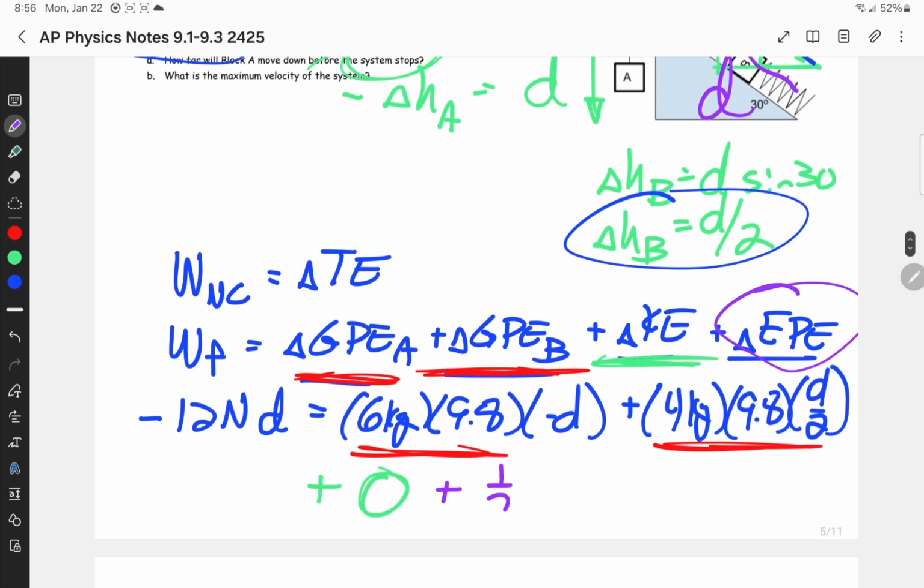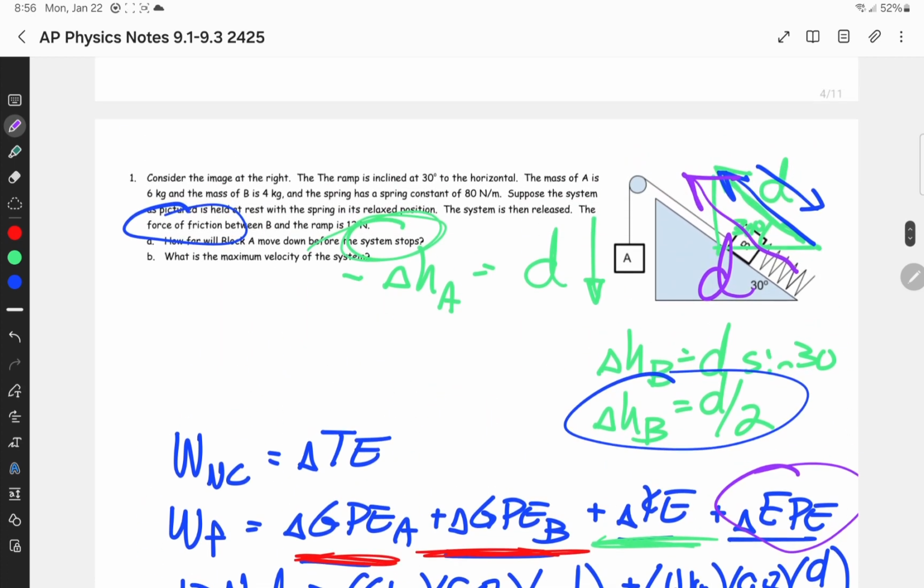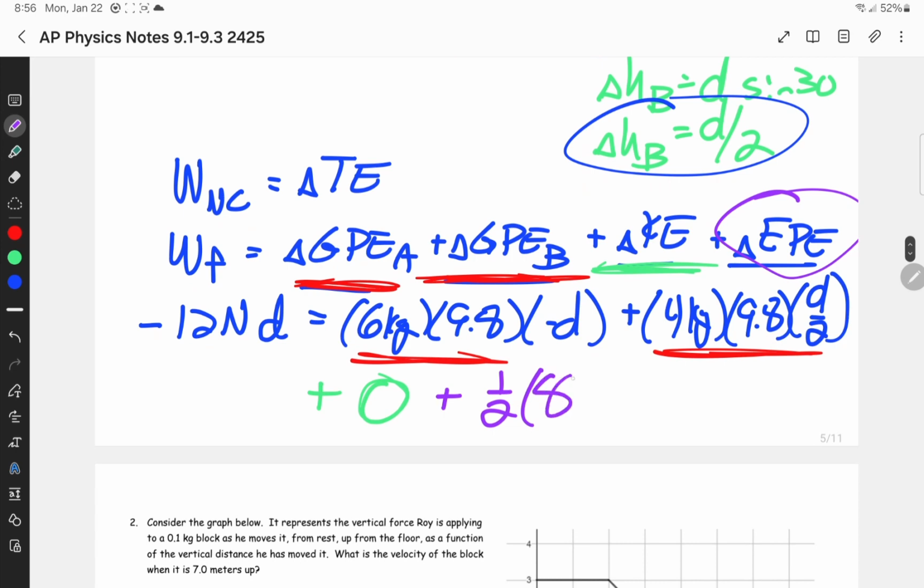So that's going to be 1/2 times our spring constant, which was 80, times the distance it got stretched squared.